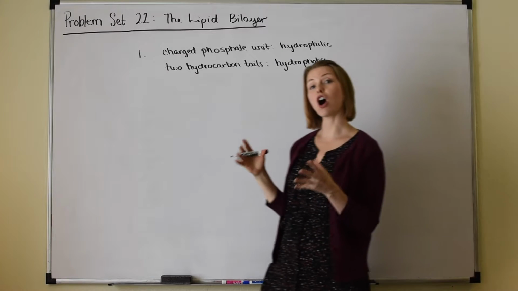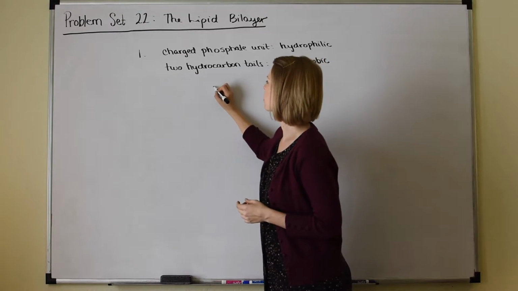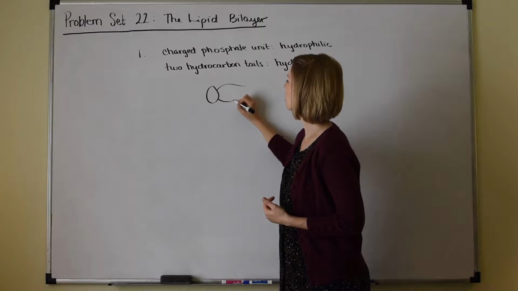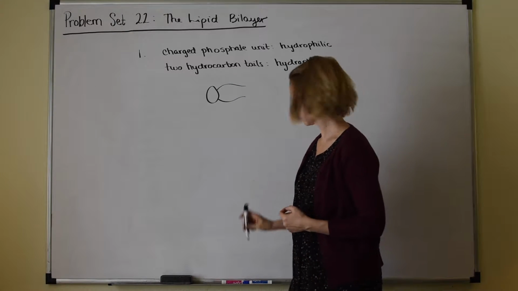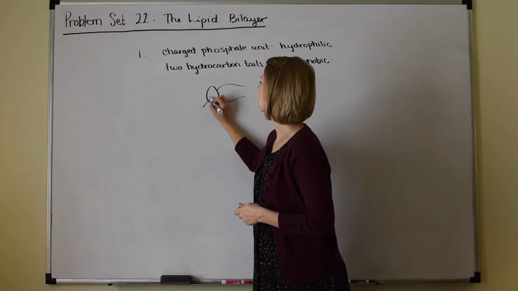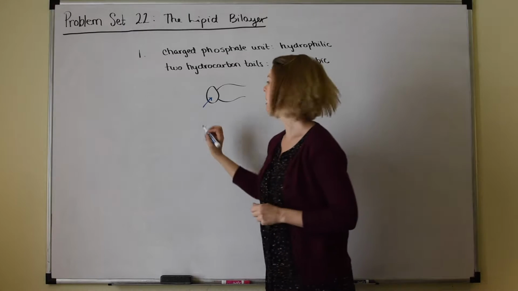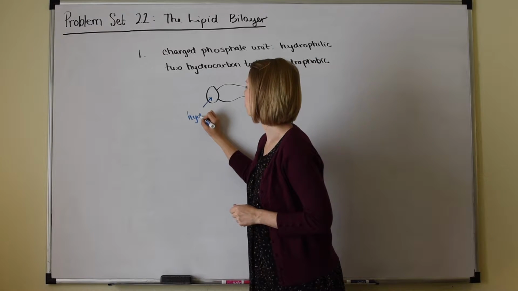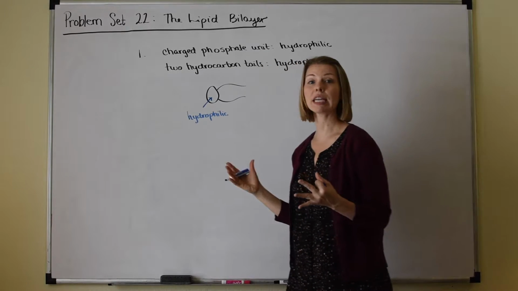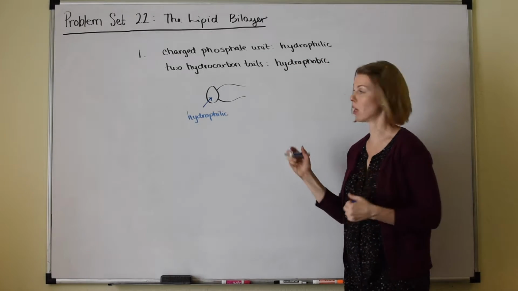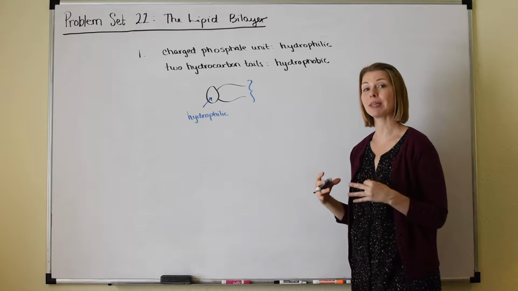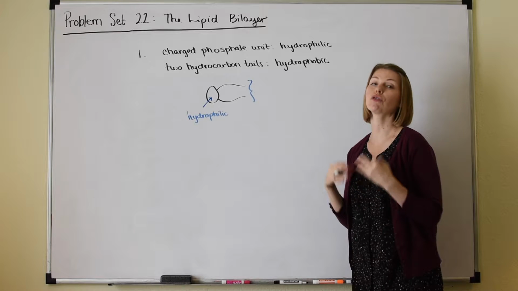So if we use our cartoon diagram, which is the phosphate head with the 2 hydrocarbon tails, then we would say that the phosphate head is hydrophilic, water-loving. It will interact with water molecules. And the 2 nonpolar hydrocarbon tails will be hydrophobic.